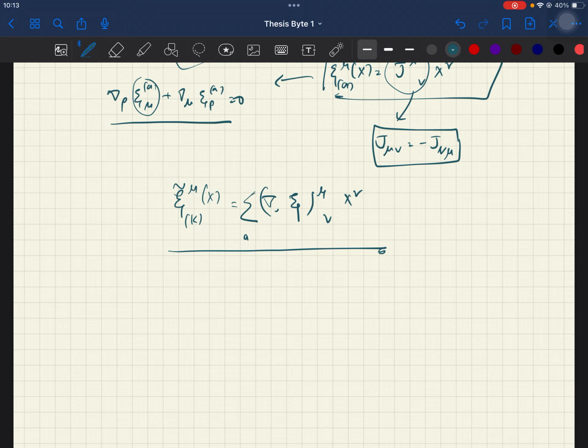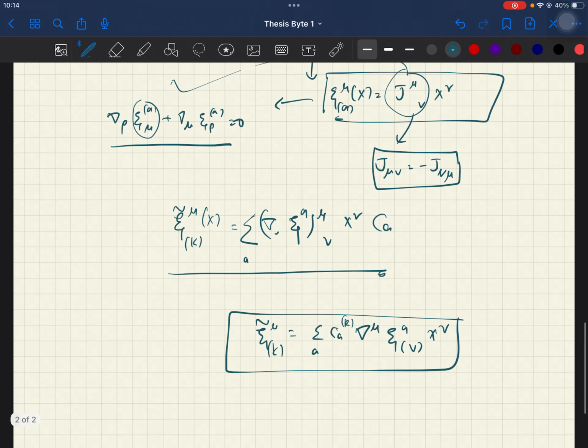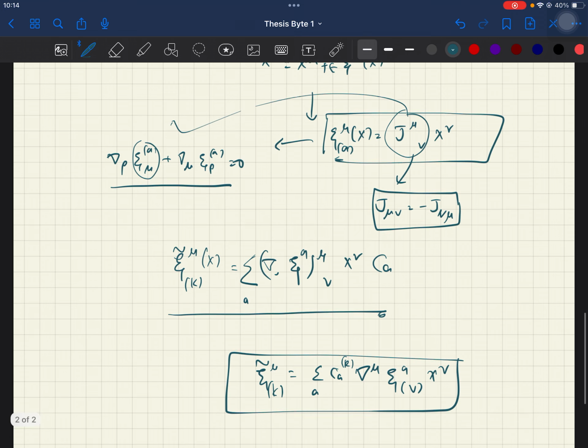More precisely, if you want to write it, you could probably write it with some coefficients also, C A new A B. Sorry, this is the new set labeled by K. This is the different sort of KVFs you can generate.